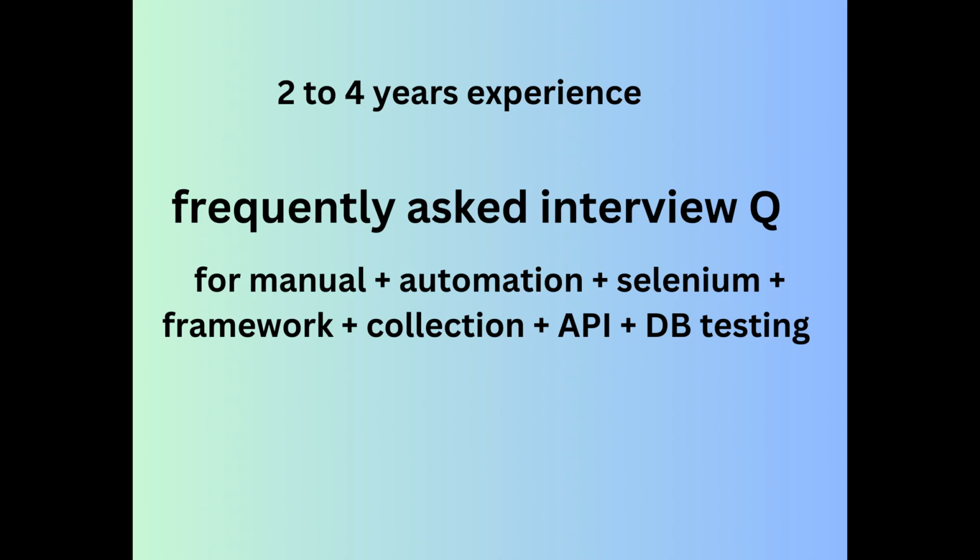We can get that, and if we have to perform a GET request, we can directly put that into the GET request and paste the link that we have copied, then save and run it. After that, we can check whether the response time and response status code are fine or not. We can check headers and body.